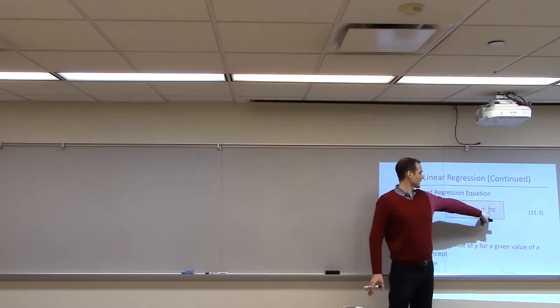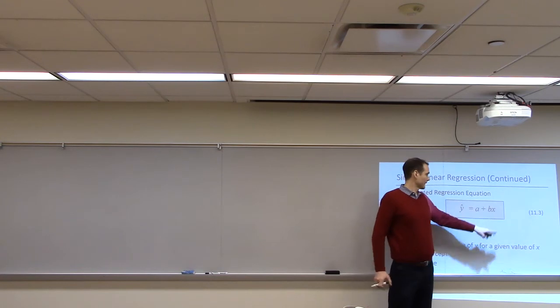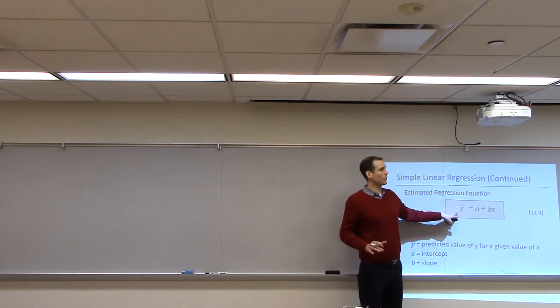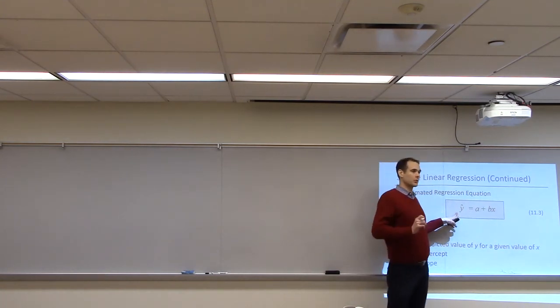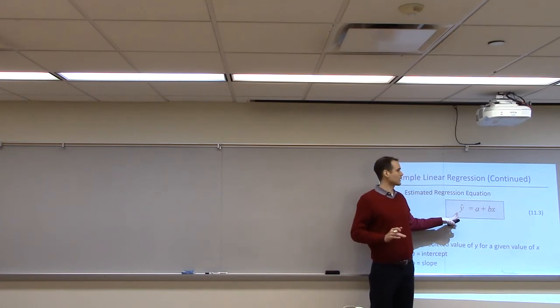So we will calculate this a and b, either by doing it ourselves or by putting it in Excel. Then we'll ask someone, hey, how many hours did you spend studying? That's the x. And it will tell us their expected grade. We'll tell them what we think their grade was, and they'll be shocked that we got so close.